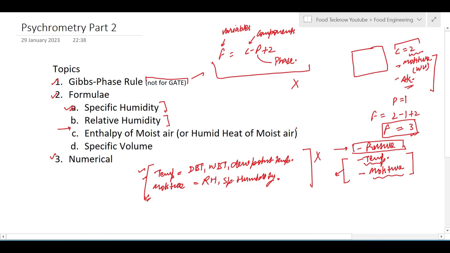It means the energy contained in the moist air, and then the specific volume, because questions have come on this particular term. And along with this, we will also look at some numericals. So I hope this lecture would be very interesting for you to watch. So let's see the first thing, that is the specific humidity.